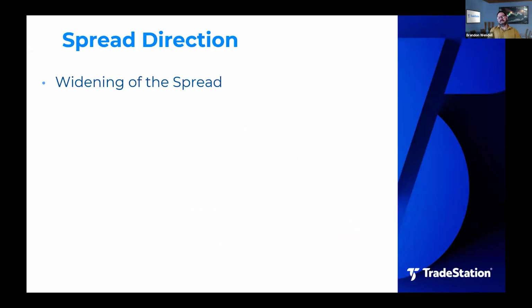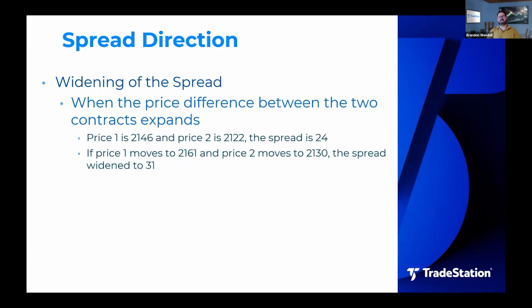So a widening of a spread, remember there's two directions spreads can really go. They can go widening or narrowing. The widening is basically when the price difference between the two expands. So if we have price number one at 21.46, price two at 21.22, the difference between them is 24 points.